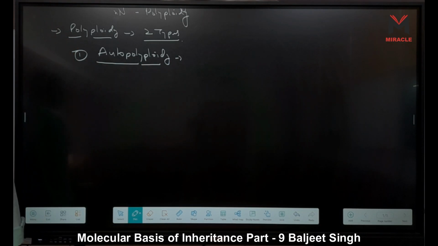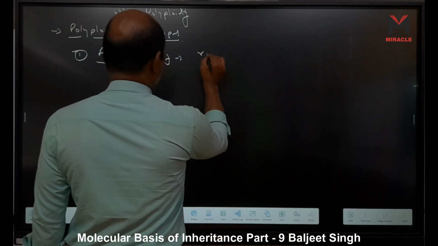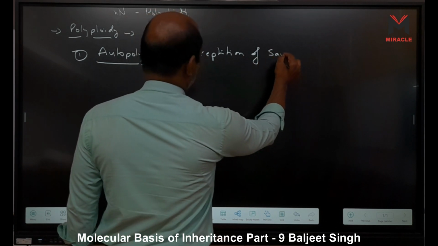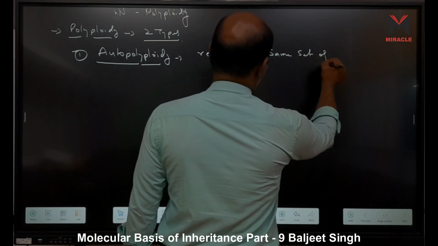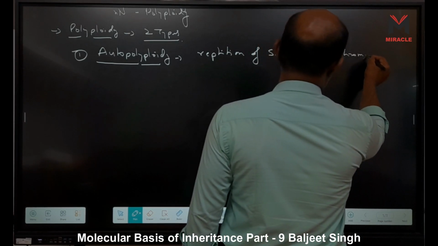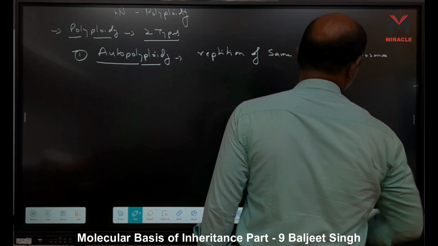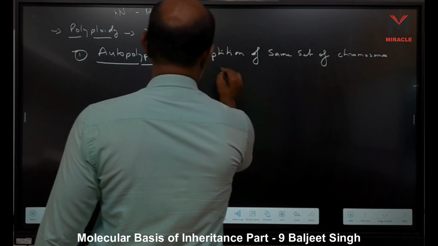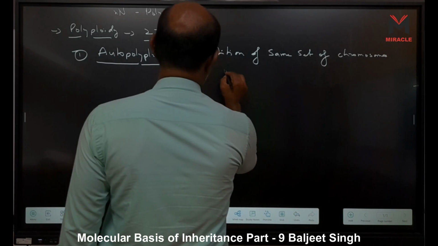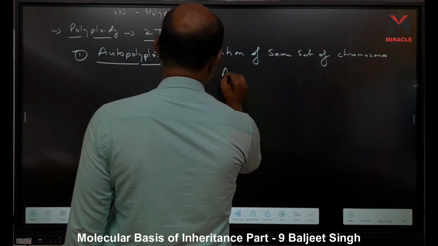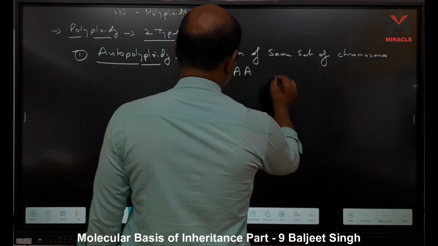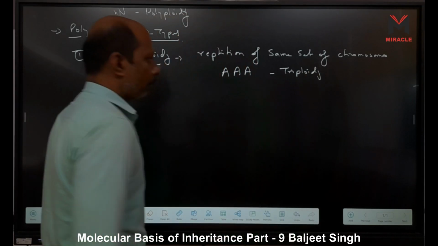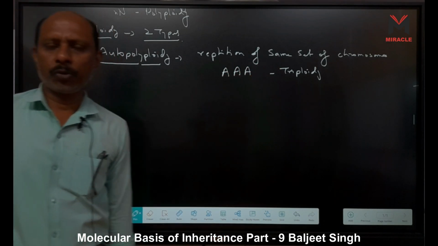Autopolyploidy means the repetition of the same set of chromosomes. As for example, suppose I represent it by A, that means it is triploidy: repetition of the same set of chromosomes.